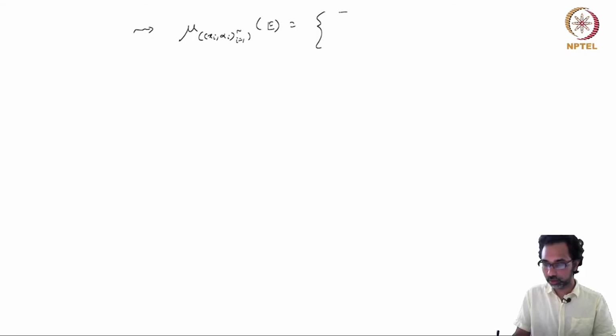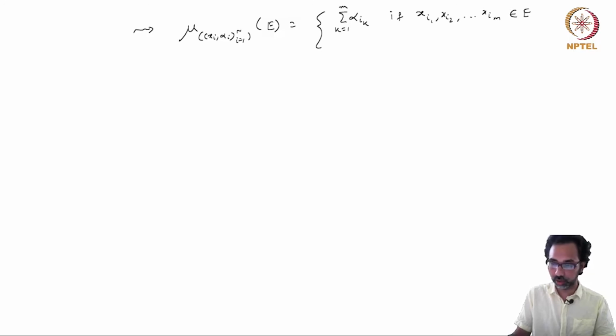So the induced measure over these points, i equal to 1 to n, is given by the following formula: it is equal to the sum of α_i, so a sum of α_k, k equal to 1 to say m, if x_i1, x_i2 up to x_im belong to E, and 0 otherwise.